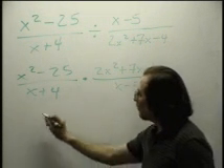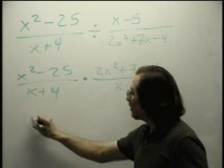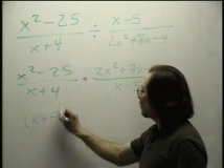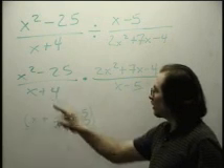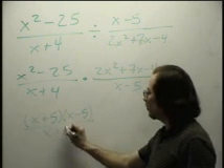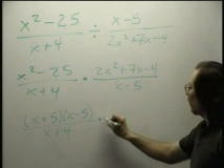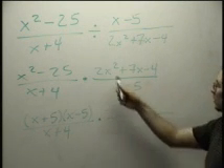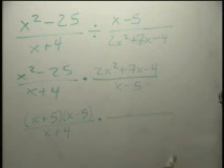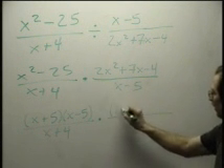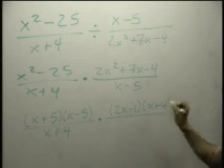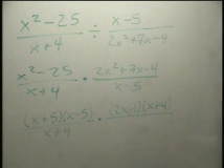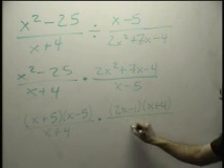X squared minus 25 is a difference of squares. So this is x plus 5 times x minus 5. X plus 4 is prime. 2x squared plus 7x minus 4 is going to factor as 2x minus 1 times x plus 4. And x minus 5 is prime.